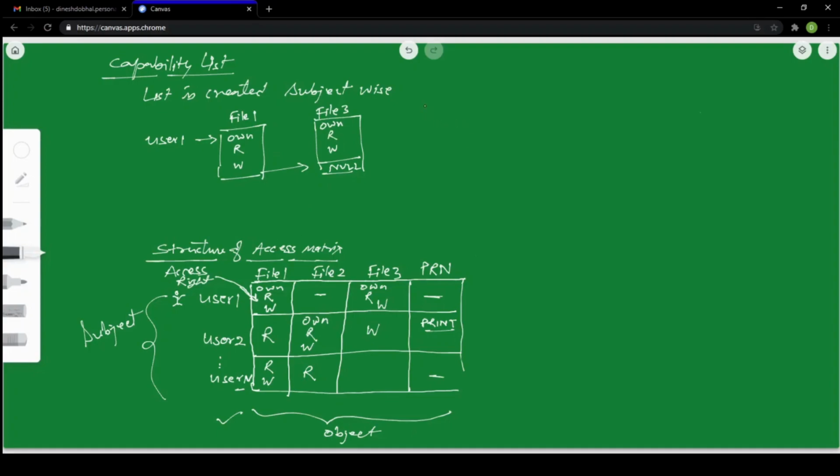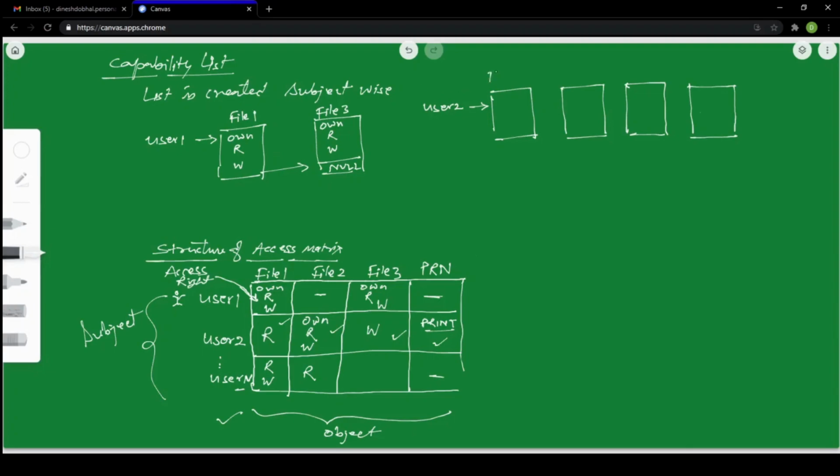For the second subject or the second user, that is user 2, we would have another list, because user 2 can have access to four different objects like 1, 2, 3, 4. This list would contain four blocks, one block for every object.